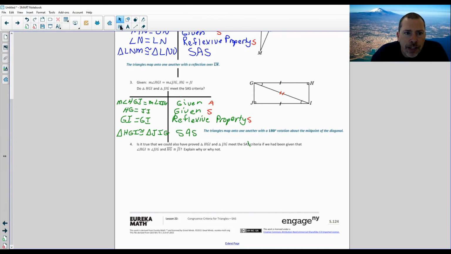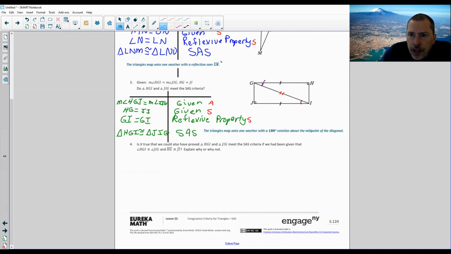So number 4 now says, is it true that we could also have proved triangle HGI and triangle JIG meet the SAS criteria if we had been given that angle HGI equals JIG, which is here and here, and HG equals JI?